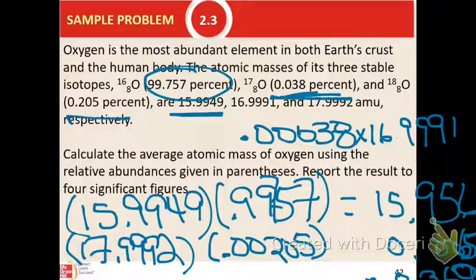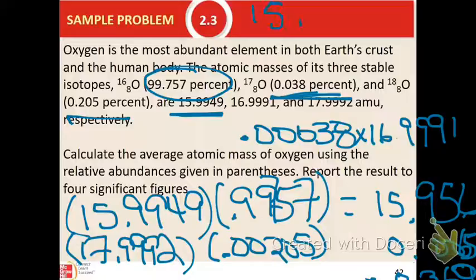And when you add those three numbers together, I get 15.99939, which is 15.9994, which is what they have on the periodic table.